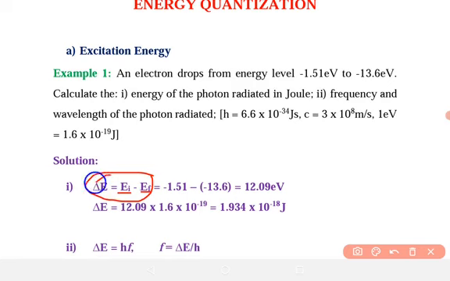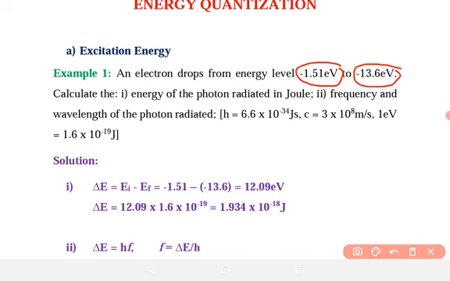Delta E simply represents the change in energy, that is the photon energy, the photon emitted during the quantum jump. Now, following this through, this is our initial energy level where the electron is coming from, and this is our final energy level.